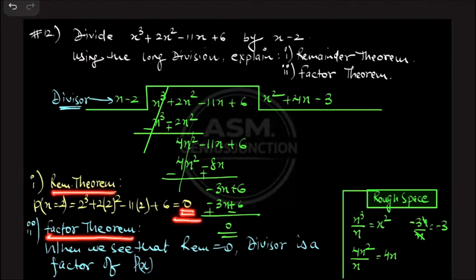Factor theorem says that if the remainder is 0, then the polynomial by which you are dividing the other polynomial is a factor of it. And this goes vice versa. If the remainder is 0, the divisor is a factor. If the remainder is not 0, then the divisor is not a factor. Right, my friends? Please pay attention when you are dealing with these questions in the examination.